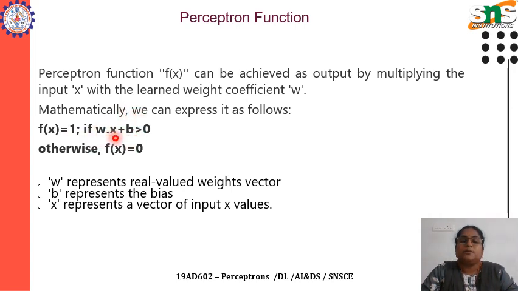The weight associated with this input x plus the bias b is greater than 0. Otherwise, f of x will be 0. Okay, the activation function will be 0, which means that the neurons are not fired. There is no data processed in the network. Right? So, w represents real weighted values, b represents bias, and x represents a vector of input values.